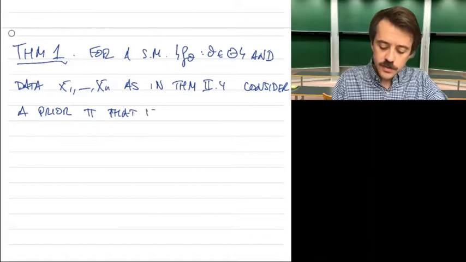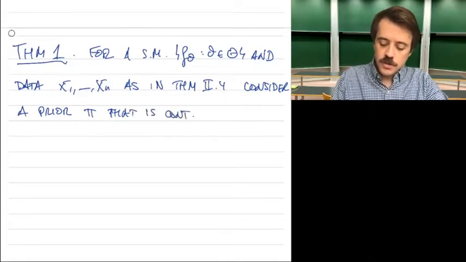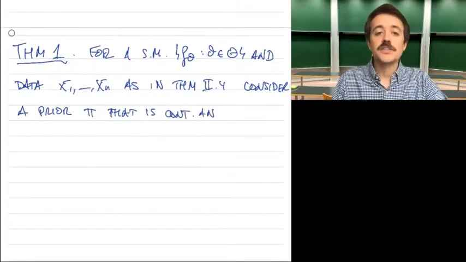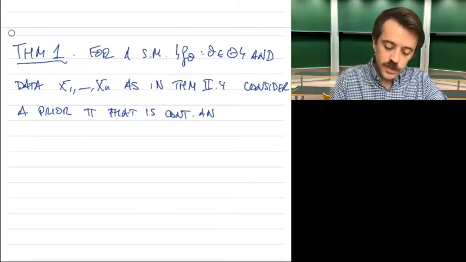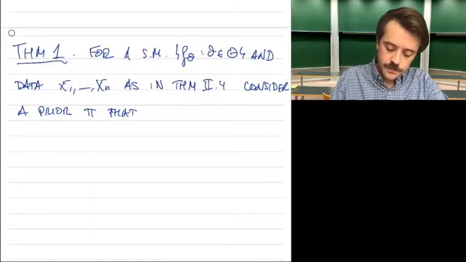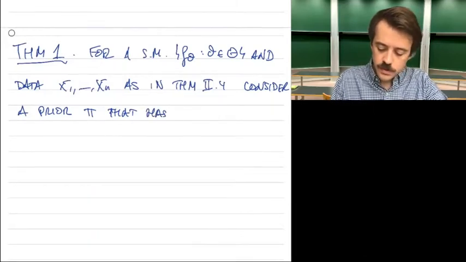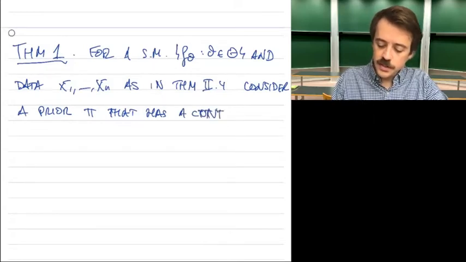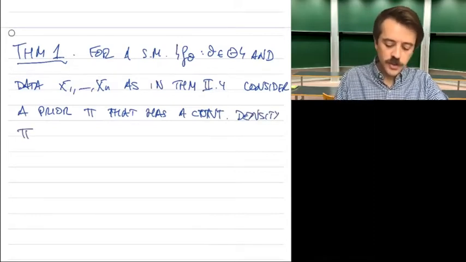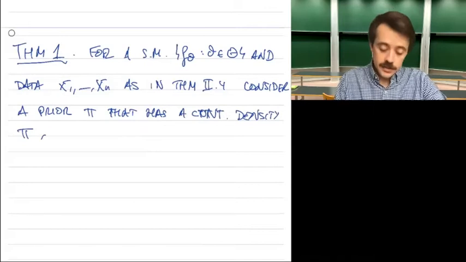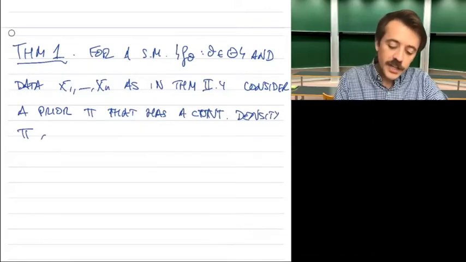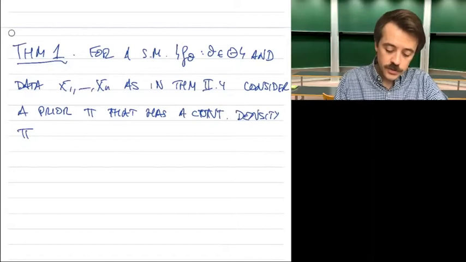So that has a continuous density, which with some abusive notation we're also going to call pi, and this has to be continuous only around, so only at the theta naught.